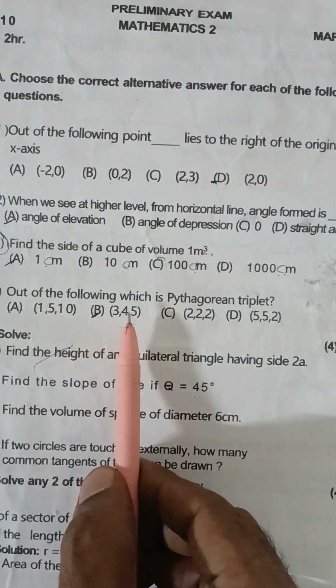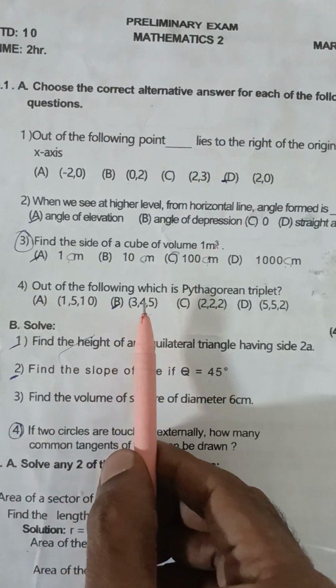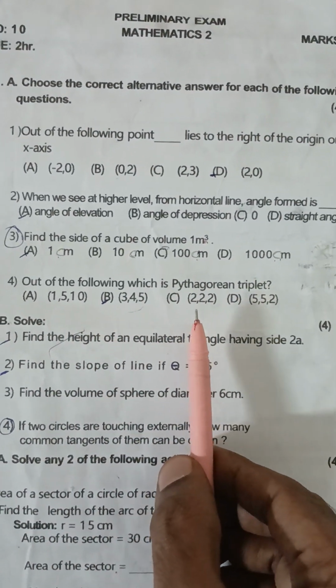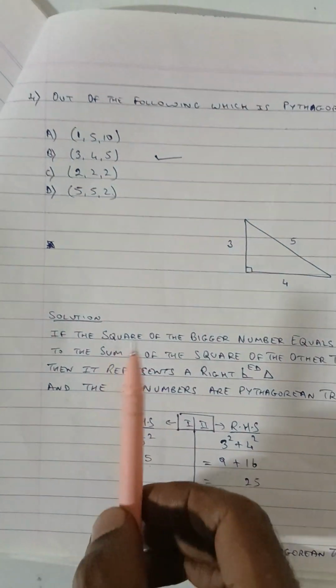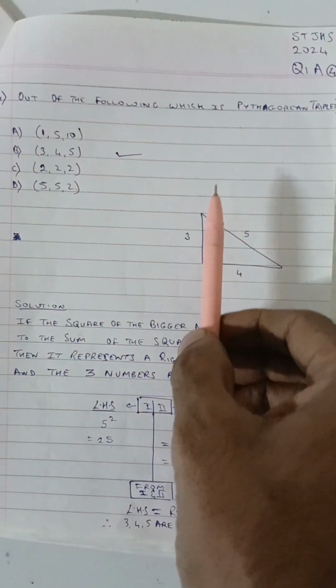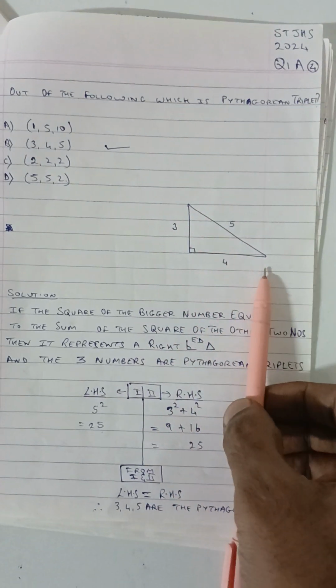Out of the following, which is a Pythagorean triplet? A, 1, 5, 10. B, 3, 4, 5. C, 2, 2, 2. D, 5, 5, 2. Here we draw a rough figure. The perpendicular sides are 3 and 4, and 5 is the hypotenuse.